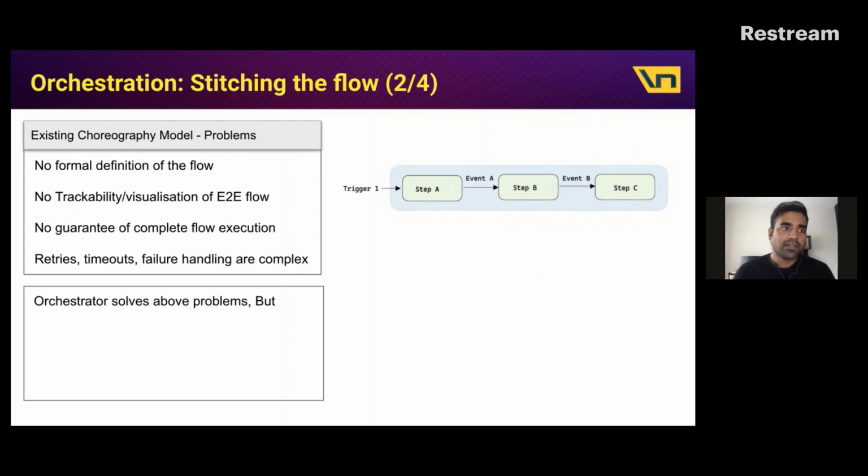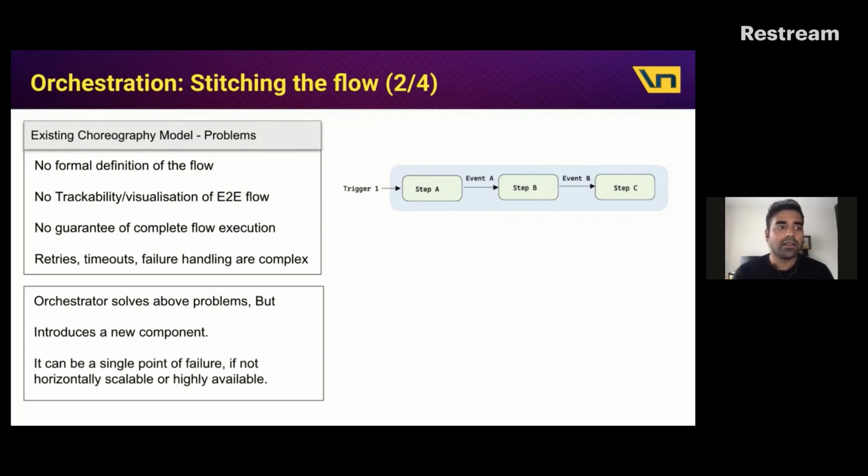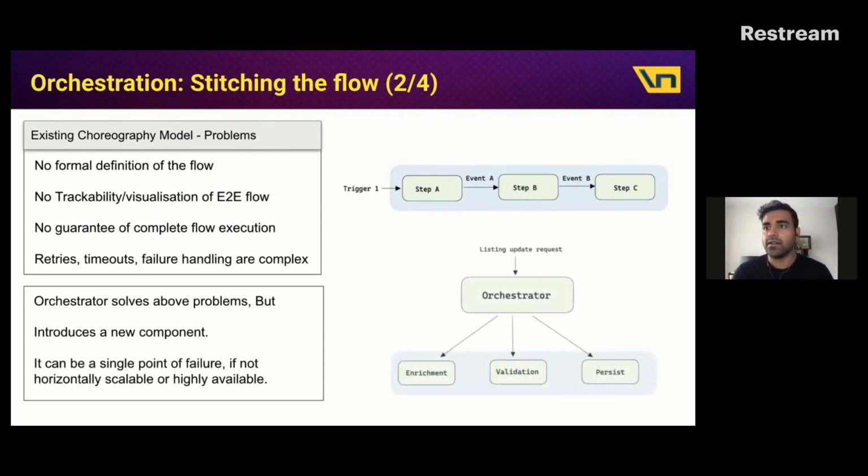What does orchestration solve? Orchestration actually solves for most of the problems that are there with choreography above. However, it introduces a new component, and that is a central component, right?